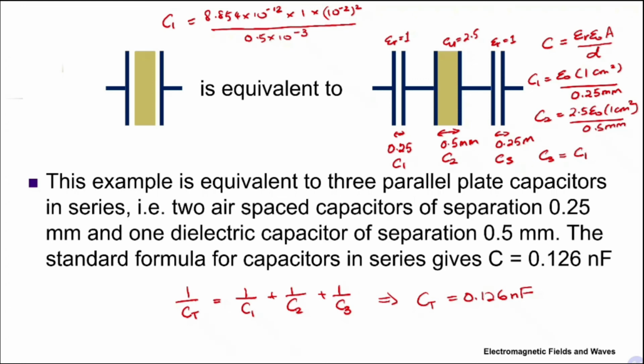So 1 square centimeter is equal to 10 to the minus 4 square meters.